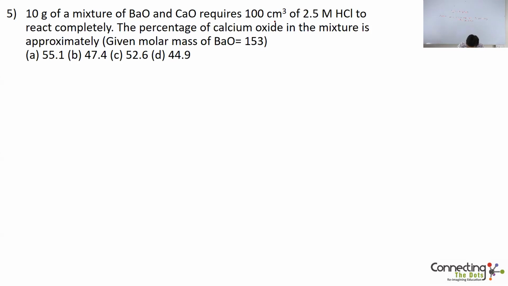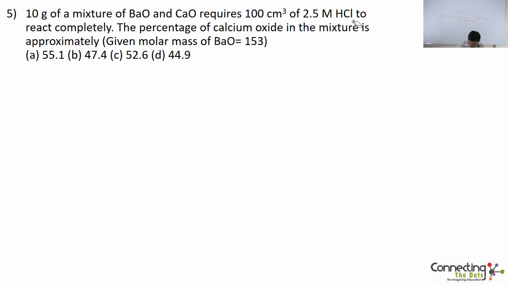So from the given values, whenever these kind of questions are given, if you can first write the equation, that will give a better understanding. So here HCl is reacting with barium oxide and calcium oxide. Whenever you say metal oxides, they are basic. So obviously whenever something is basic, it will react with acid to form salt and water. That we know.